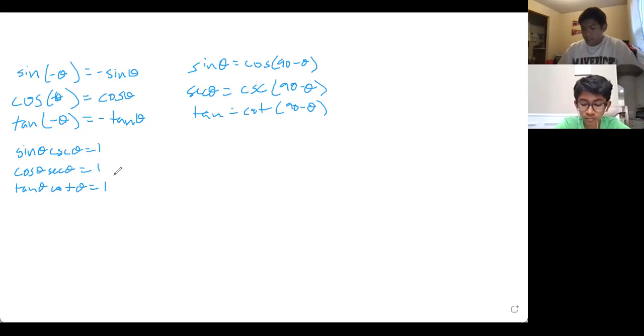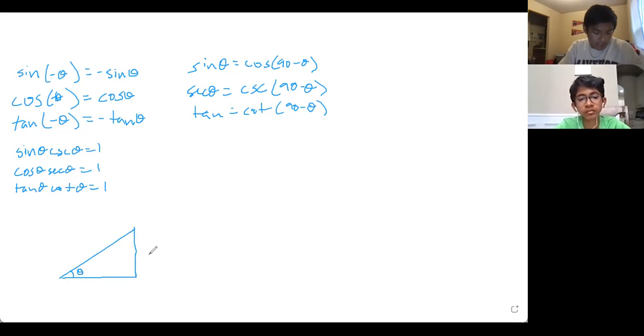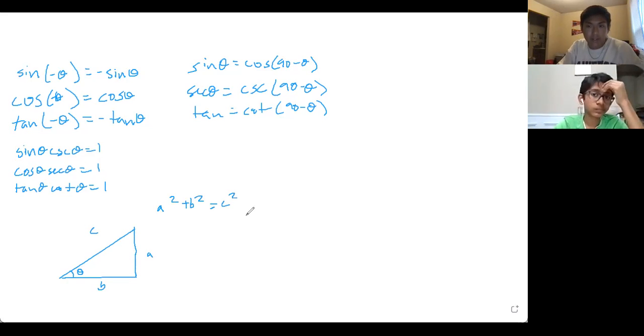So you start with the Pythagorean theorem. Let's say this is theta. This is A, this is B, this is C. Let's start with the Pythagorean theorem, which is A squared plus B squared equals C squared, correct?